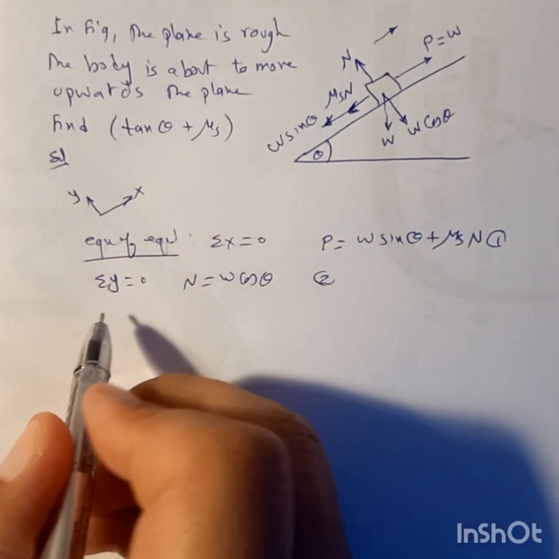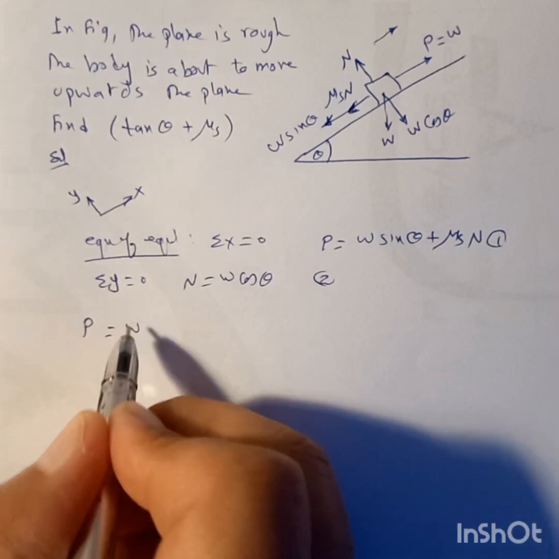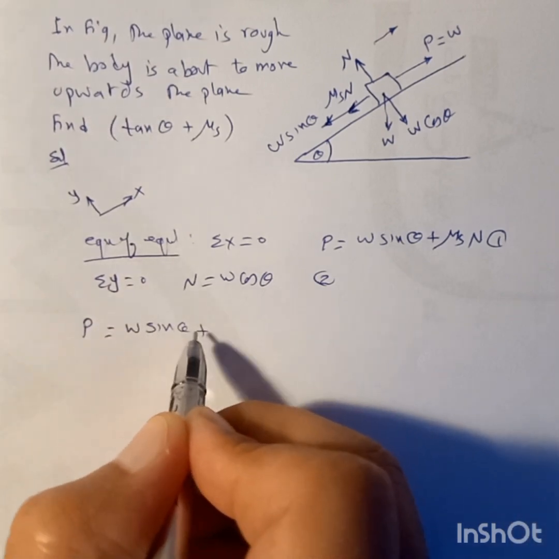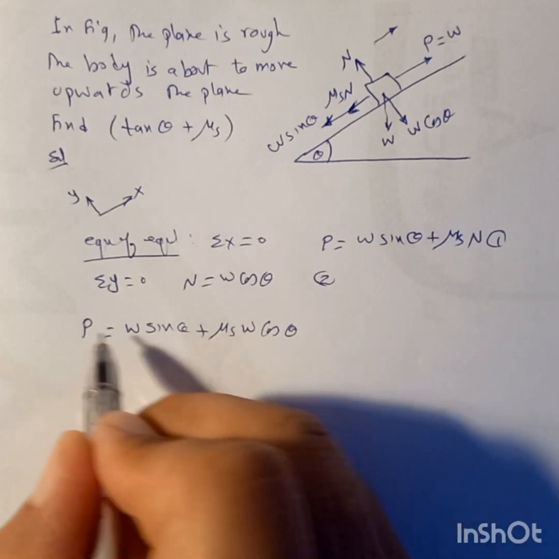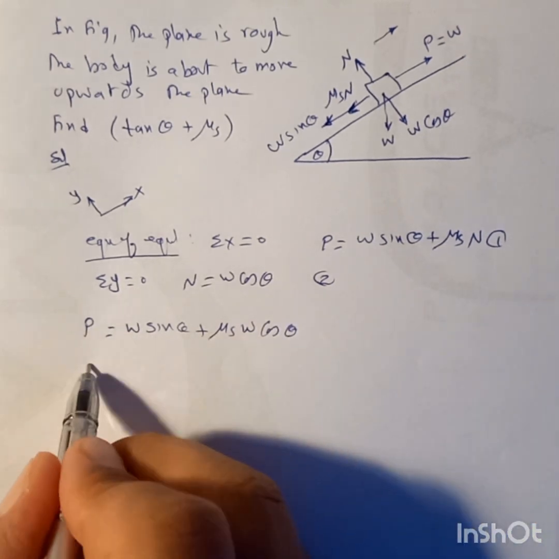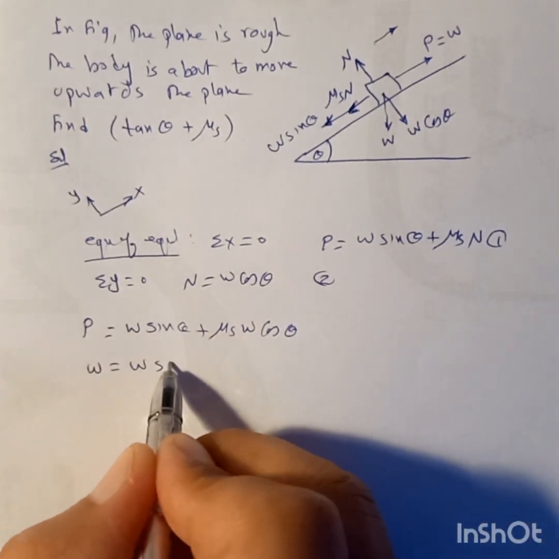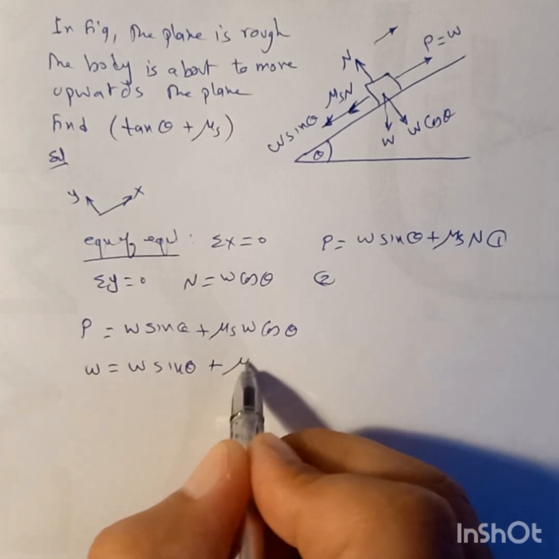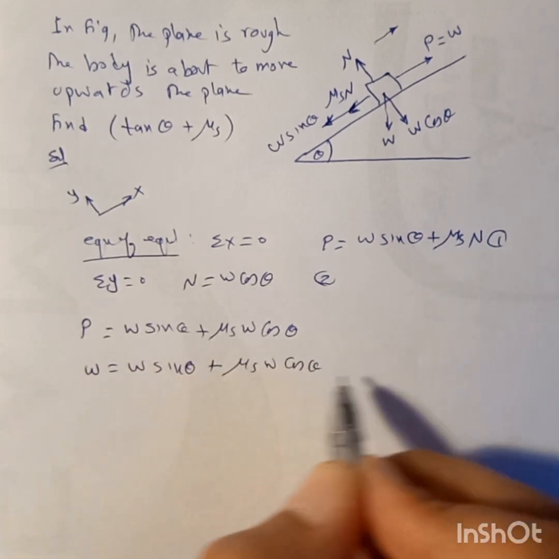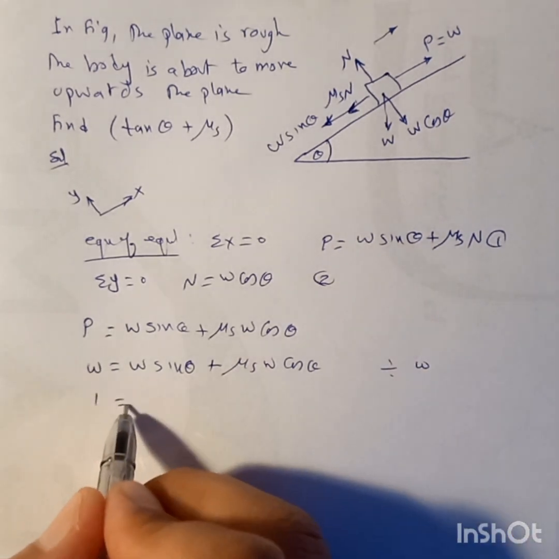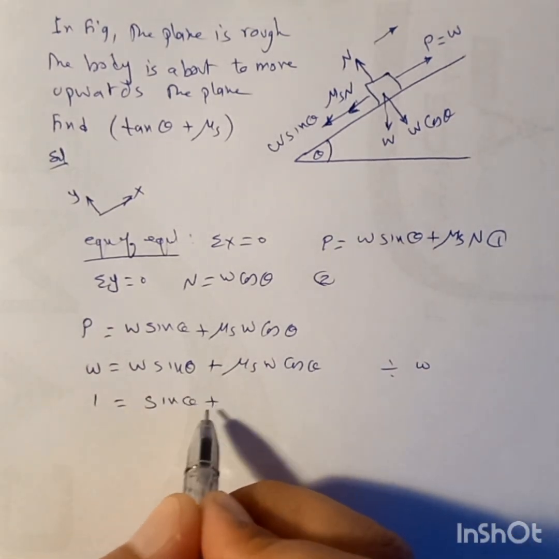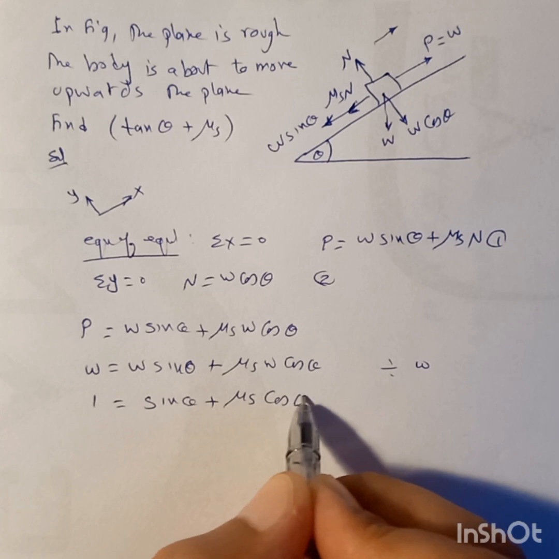We can substitute here. Then B equals W sine theta plus mu s W cosine theta. We divide all terms by W. Then we have 1 equals sine theta plus mu s cosine theta.